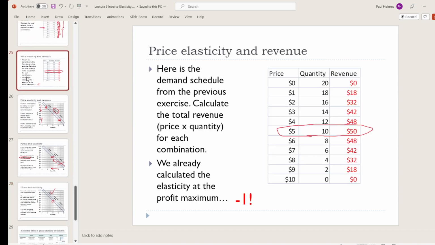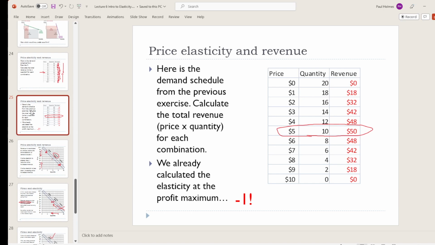We can confirm that by going back to this little exercise here. If we raise our price from $5 up to $6, notice that our revenue barely changes. We get just a little bit lower revenue, but also notice that our quantity changes by a fair amount, right? Our revenue goes down by only 4%, but our quantity goes down by a full 20%.